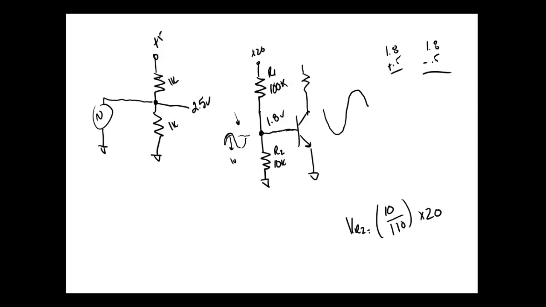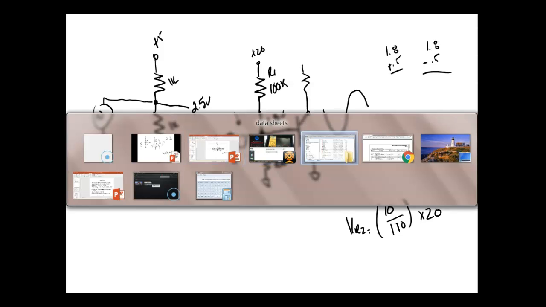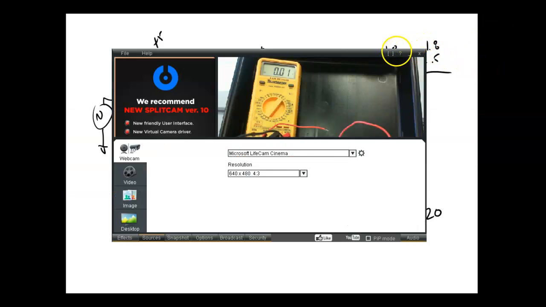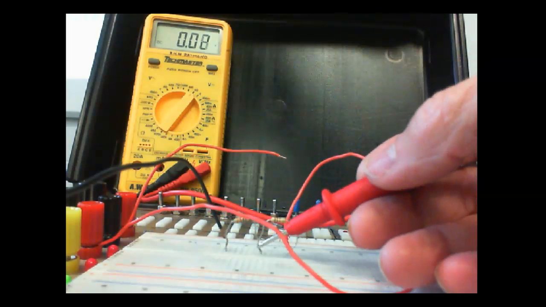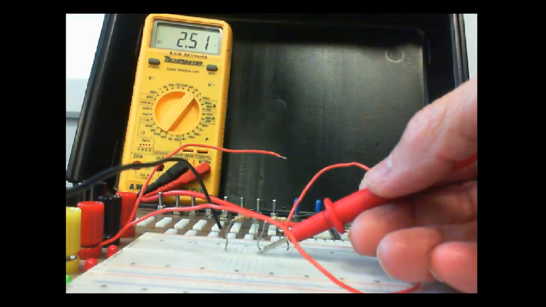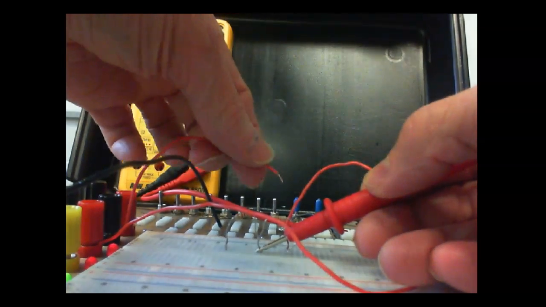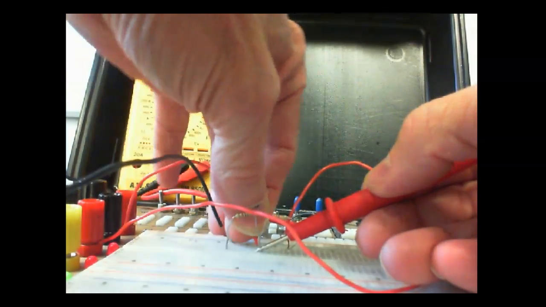So I'm going to switch back over to my camera. Right now when I measure in the center, it measures 2.5 volts. I'm going to bring this AC source in and put it there.